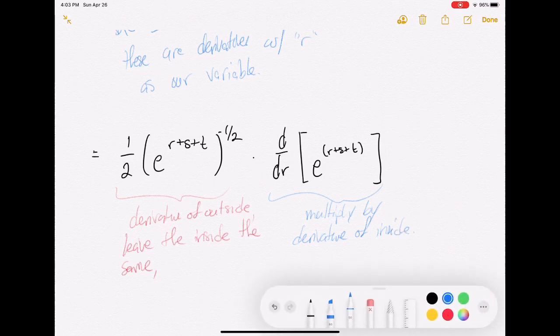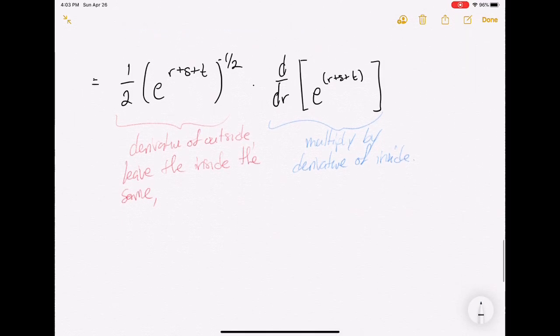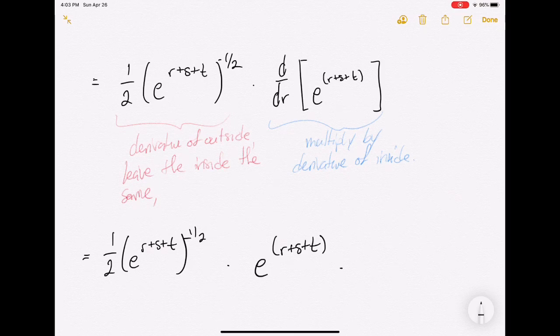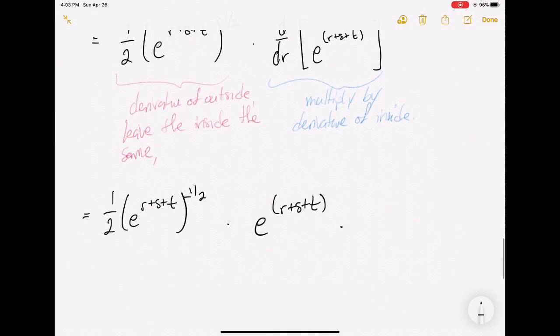Okay. So what is the derivative of the inside then? Well, I'll just rewrite the whole thing, right? e to the r plus s plus t to the minus 1/2. All right. d/dr there, derivative of the outside is e to the r plus s plus t, multiplied by the derivative of the inside. This is really d/dr of r plus s plus t.